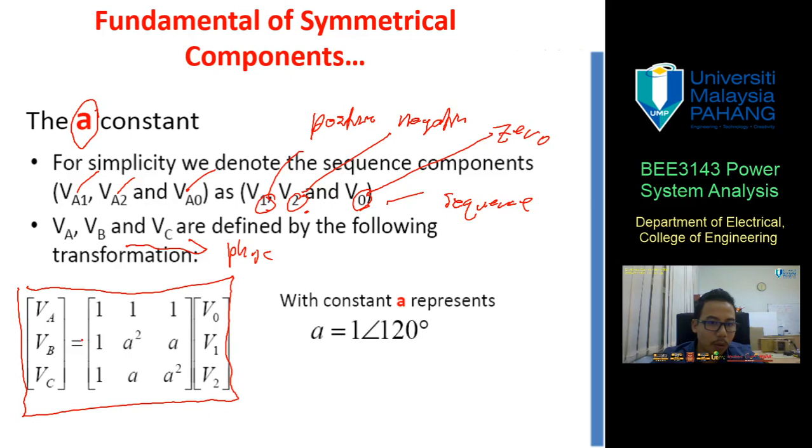This special matrix is 1, 1, 1, 1, A squared, A, 1, A, A squared. The constant A is 1 with a phasor angle of 120 degrees. This is the first matrix that you need to remember, because this one is the phase and this one is the sequence, and this is the matrix inside.